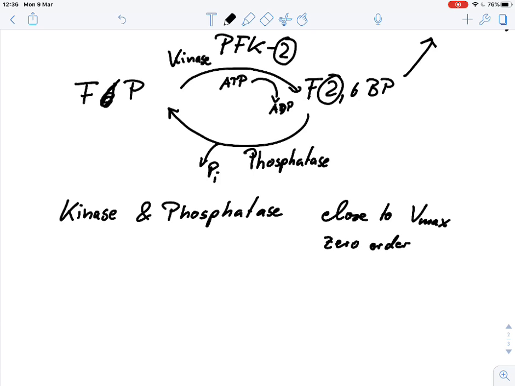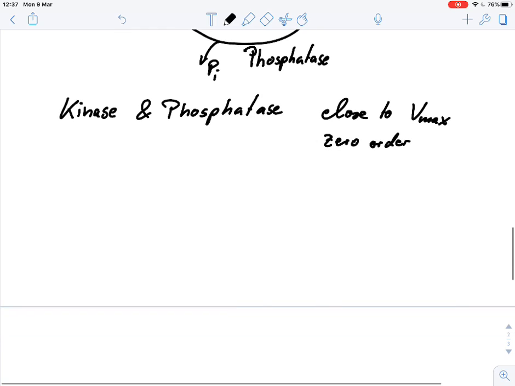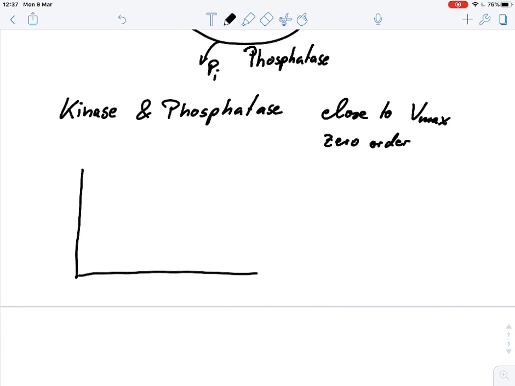If we are close to Vmax and have a zero-order reaction, what this system actually does is the following. So here we plot activity, and on the x-axis we plot the ratio of kinase over phosphatase. The two antagonistic things, kinase over phosphatase.